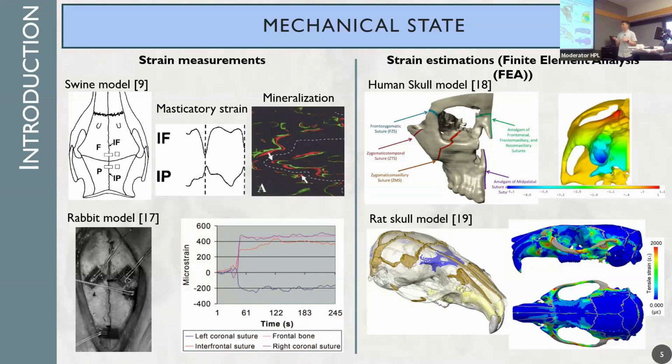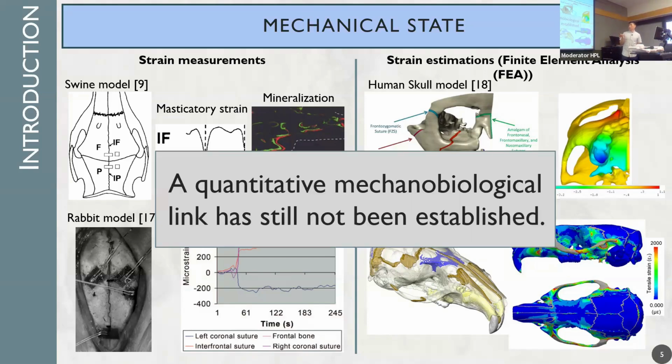So intracranial pressure is one of the main driving forces of bone growth at the cranial suture bone junction during early development. But a quantitative mechanobiological link has still not been established.